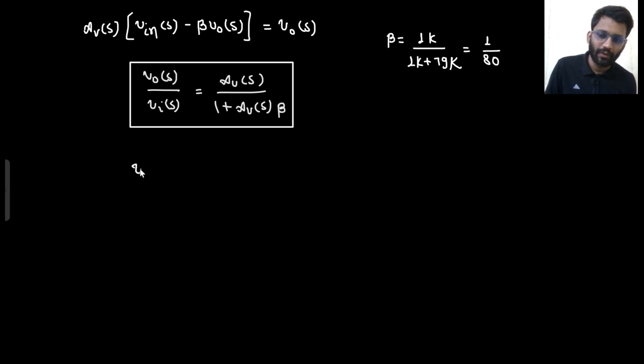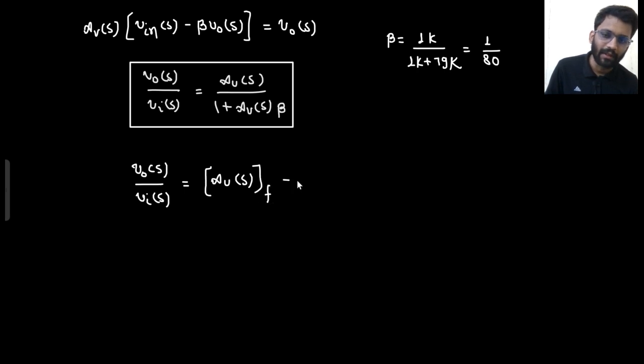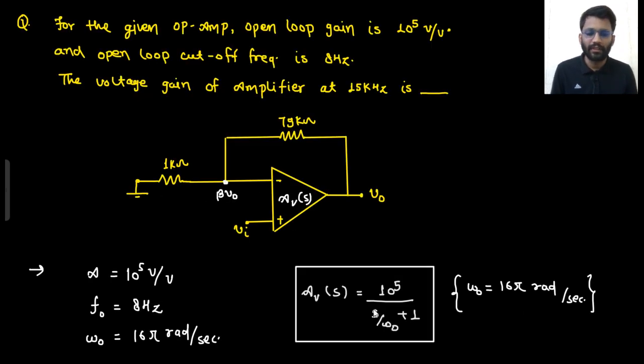So I'm just putting V naught S by V_NS. This is the gain they were asking. I am writing it as A_VS with feedback. So what is the value of A_VS?